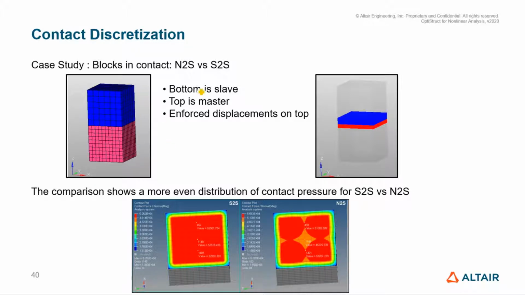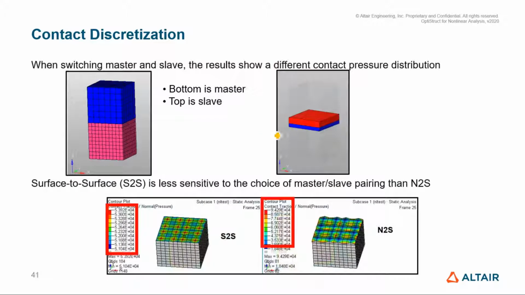But if you reverse it, if now the bottom is slave and the top is master, that will actually violate our rule. Our rule states that the smaller mesh size is slave, but now we use the bigger mesh size as slave. When we reverse the condition, you see that for node to surface there is a jagged pattern. Some areas will have contact, some areas don't have contact.